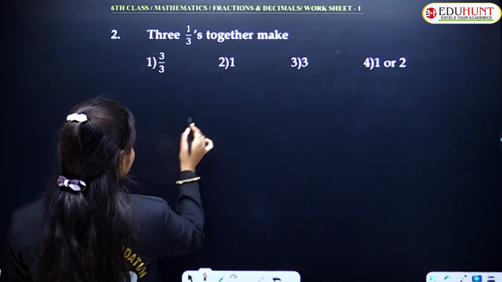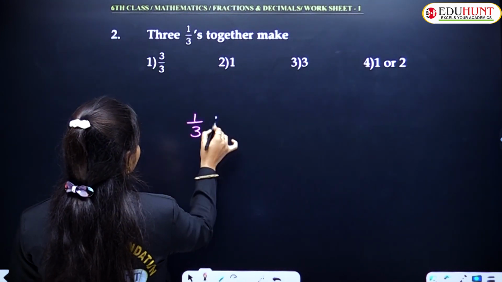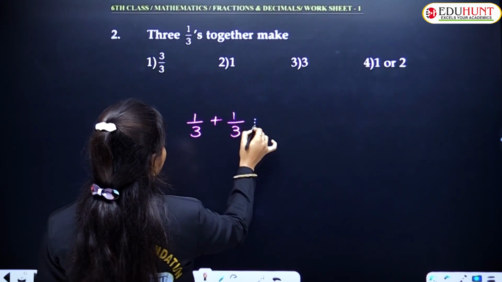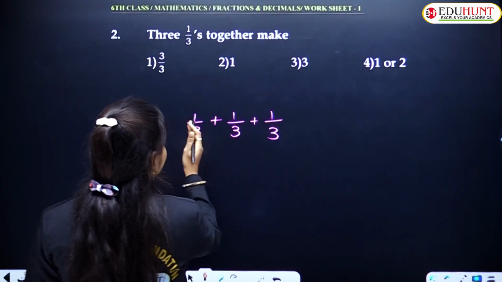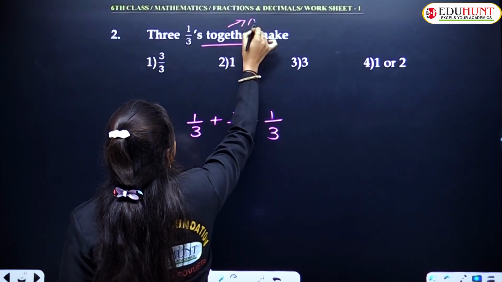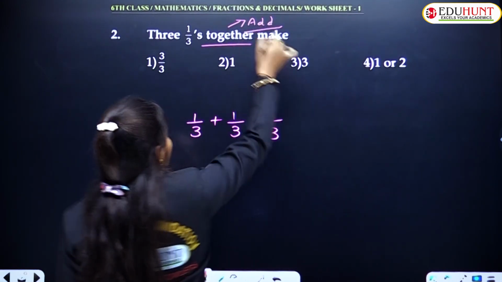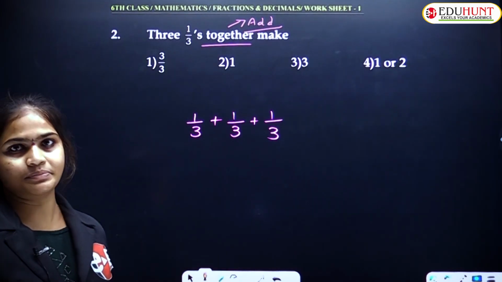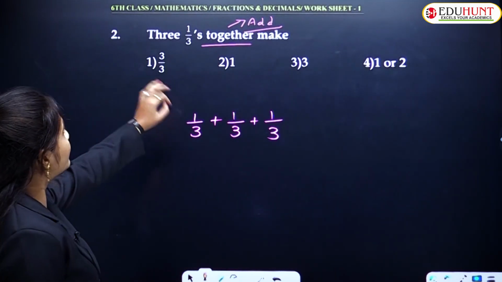Next. 3 1 by 3s together make... which means 1 by 3 plus 1 by 3 plus 1 by 3. Together is the keyword of addition. So here together means addition.